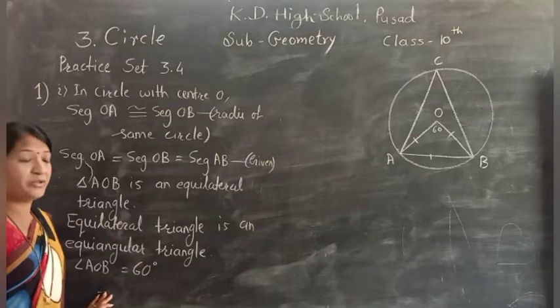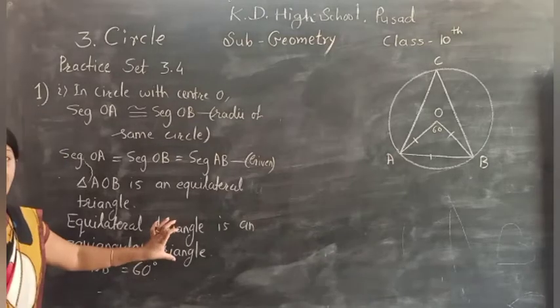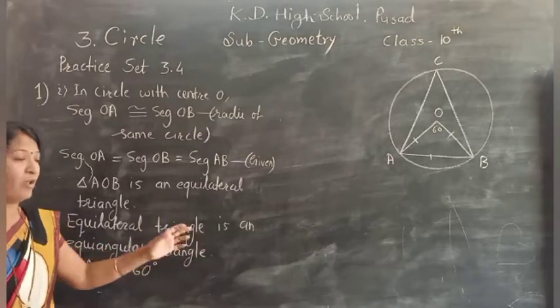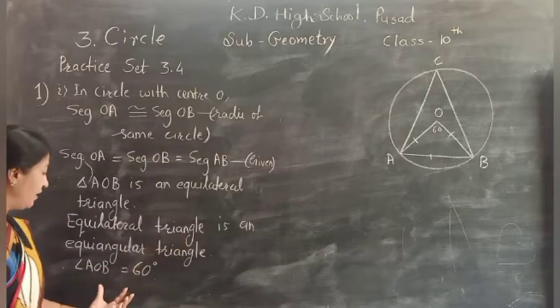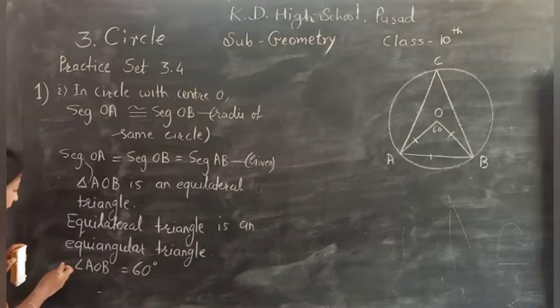We can directly write the measure of this angle 60 degree and say this property as a reason, or mention the property first and then mention the angle. We find out our first answer.